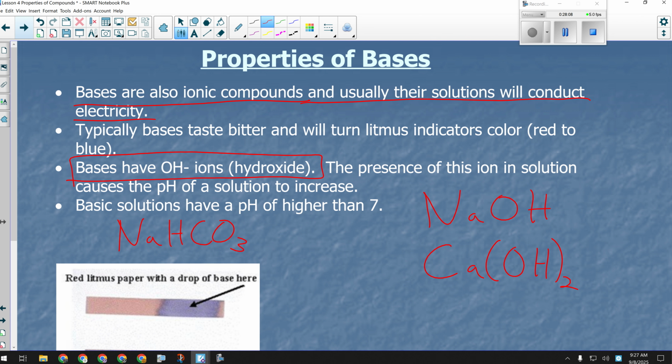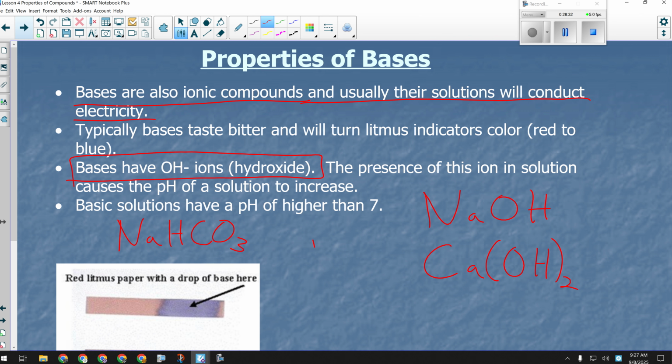What's that stuff? What's the name of this polyatomic ion? I know you all read it, someone can say it. HCO3?